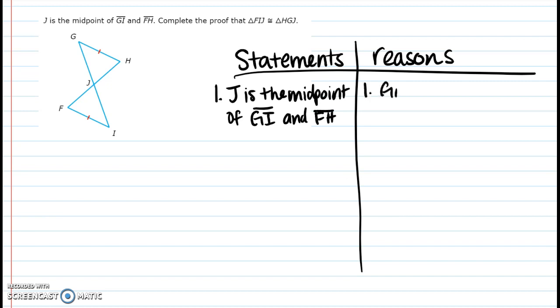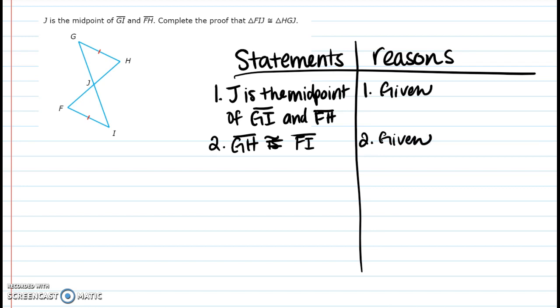I am given that statement. And so it also looks like I'm given, based on the figure, and although this isn't written down, that GH is congruent with FI. That looks like it's also given to me.